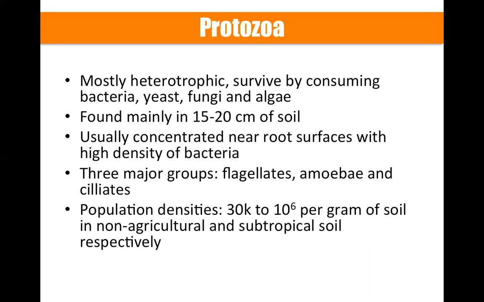So what is the importance of protozoa? They can help in the decomposition of soil organic matter. Because of their large size, they can eat up smaller microbes as a food source.